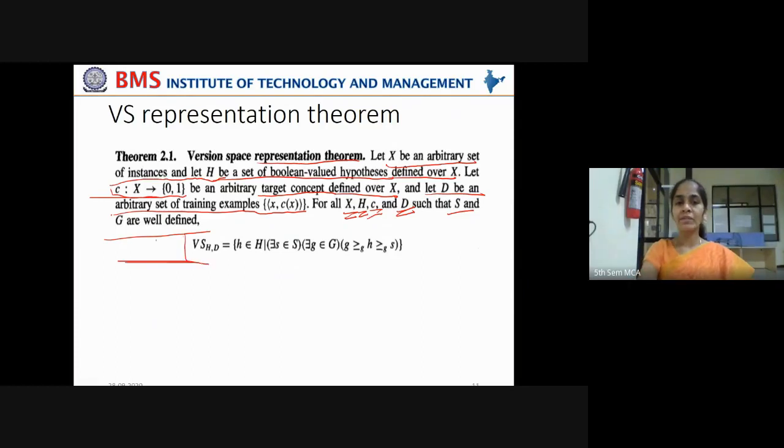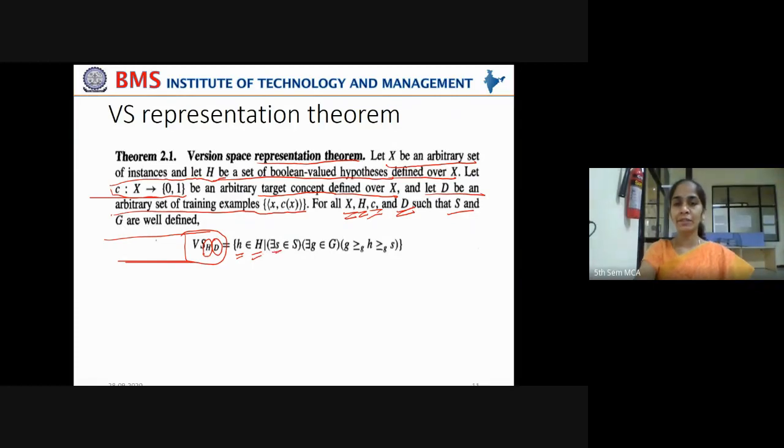Then how does the version space definition change? Version space with respect to the hypothesis space H and the set of training examples D, how do you define that? It is the set of all hypotheses that belong to the hypothesis space H given what condition?